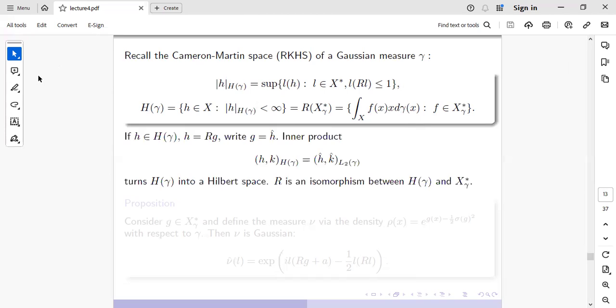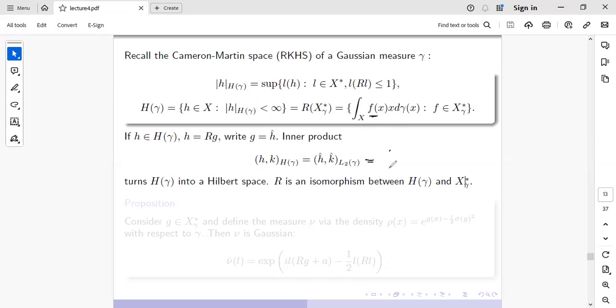Actually, if the vector h can be represented as Rg, so the integral with a functional g, such a function is unique, and we can define the inner product of two vectors from H as the inner product of the corresponding functions in L2.